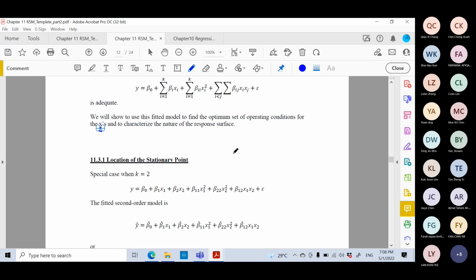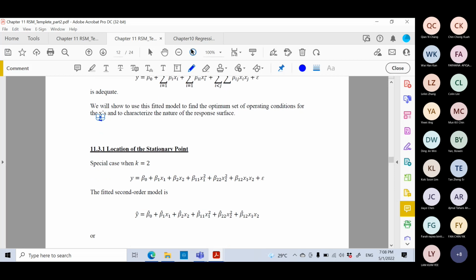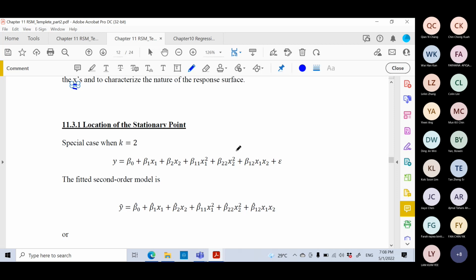To do so, I will show you the special case first. Consider k equal to 2, meaning we only study two factors, with two levels each. This is the full model, where this is the main effect, this is the quadratic term, and this is the interaction effect. If this is the full model, then the fitted model will have the hats. We can estimate all of these from the model.